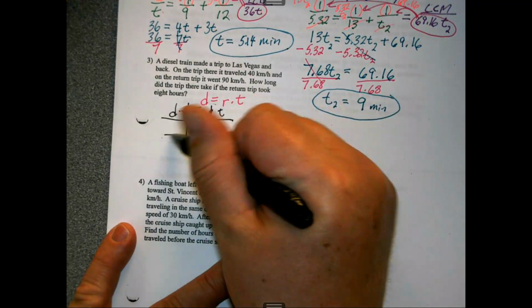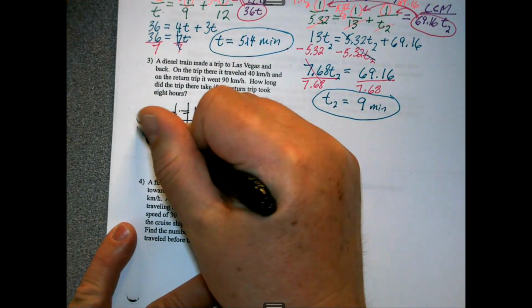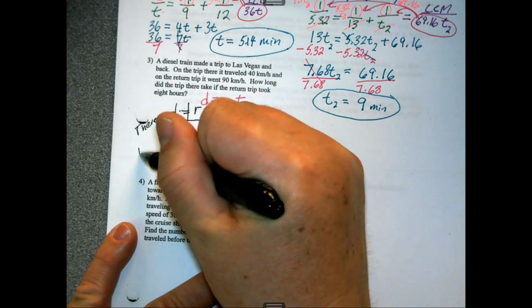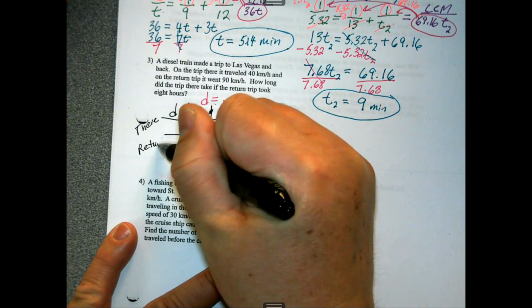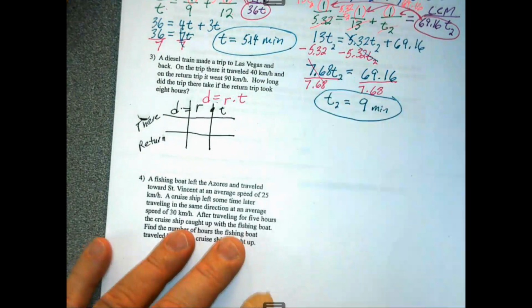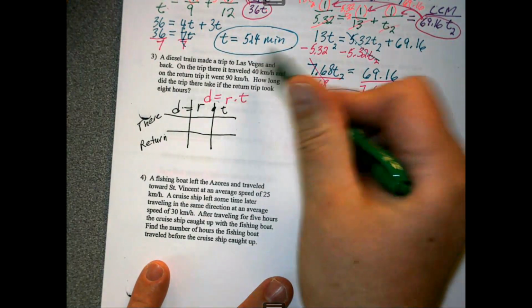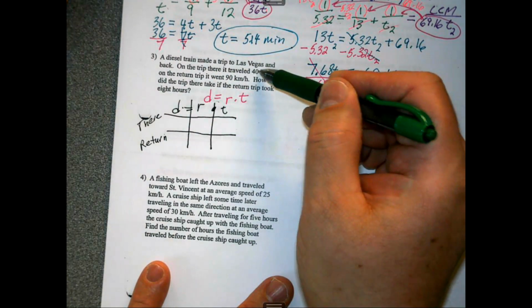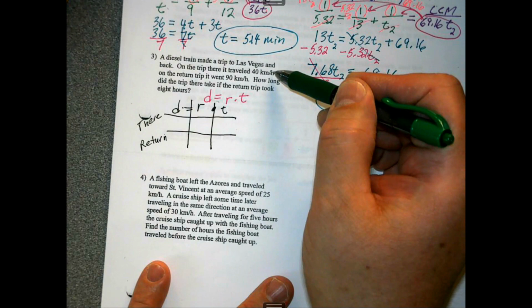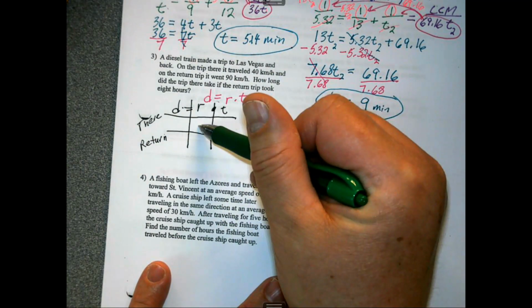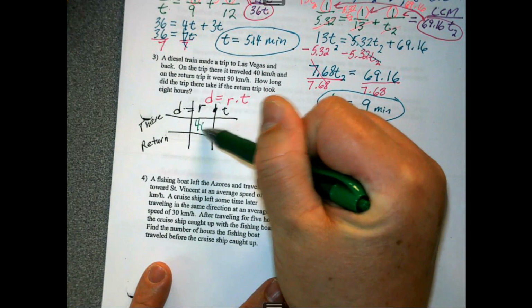Let's see, we got a trip going there. So here's there, and this will be return. They give us a trip there is 40 kilometers per hour. So that's my rate, right? So the trip there, my rate, 40 kilometers per hour.